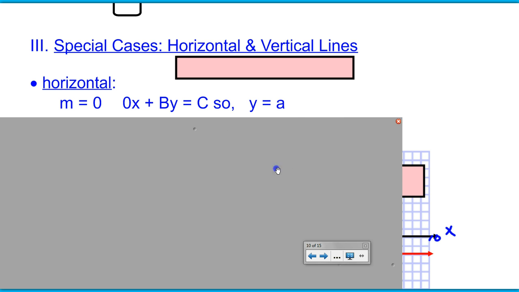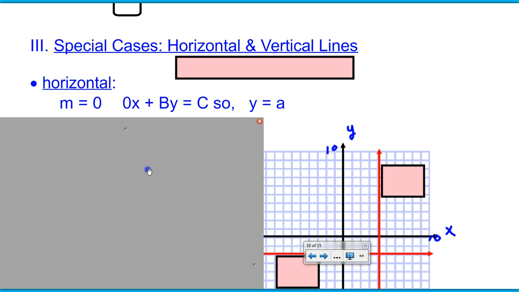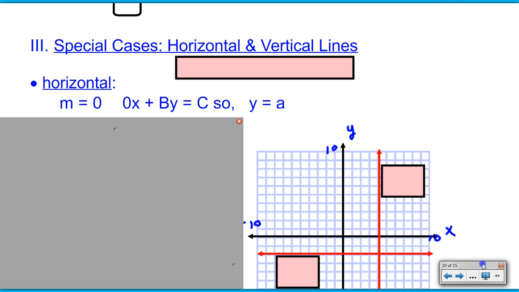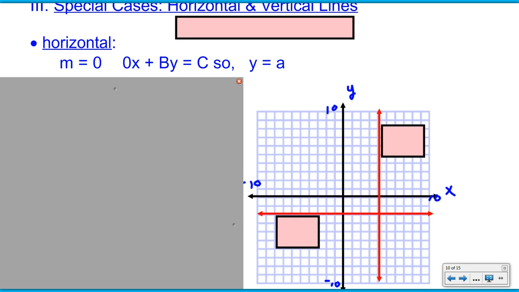Okay, so imagine in this coordinate plane, and you may need to pause the video and draw this so you have it. Imagine we have this horizontal line here. If we were going to write the equation for that line, could you do it? And in the past I said name 2 points, right?